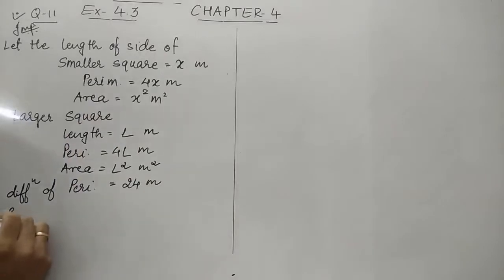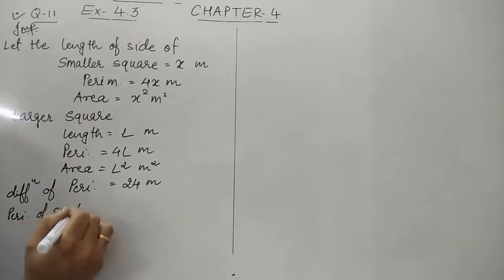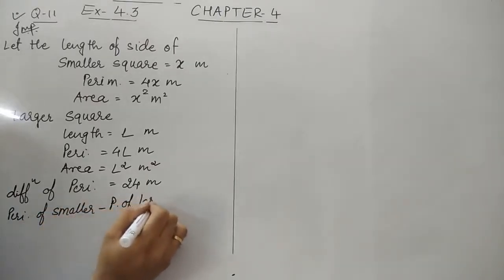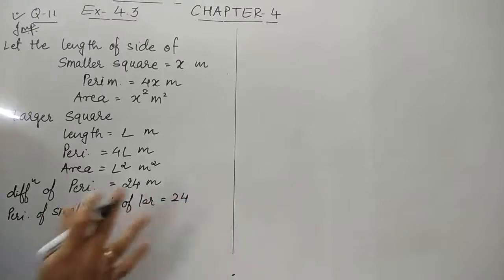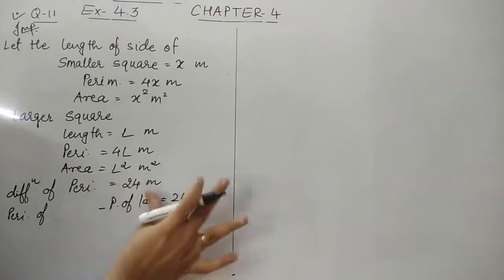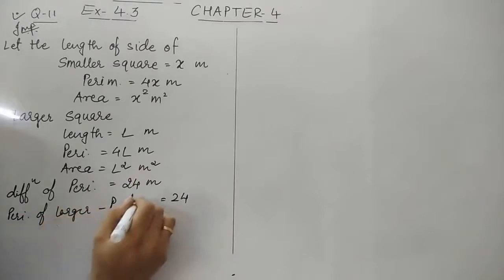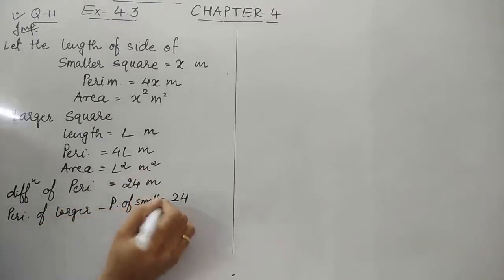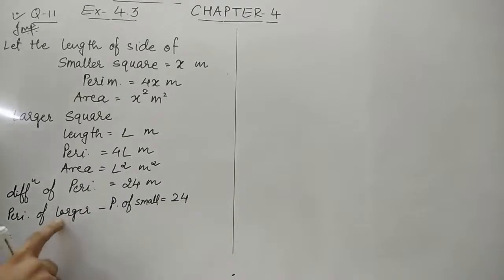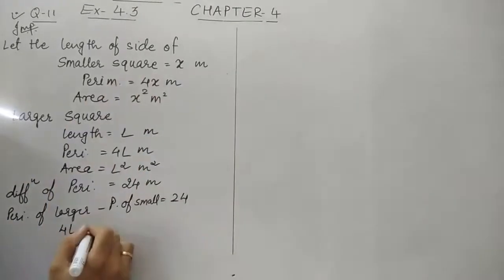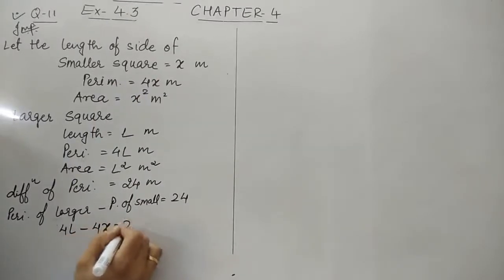So the perimeter of the larger square minus the smaller. Sorry, I had written it wrong. I am really sorry. Then only the answer is positive. The larger, that is 4L, minus the smaller perimeter 4x is 24.